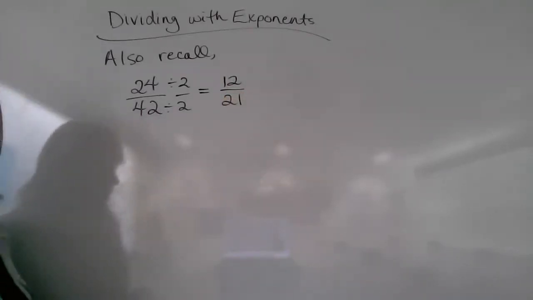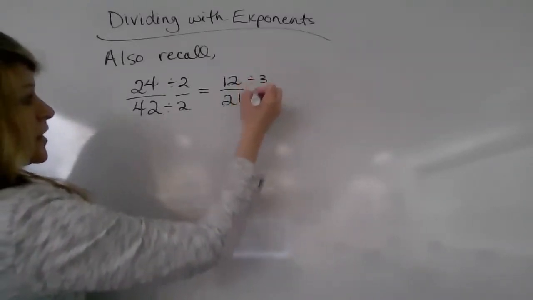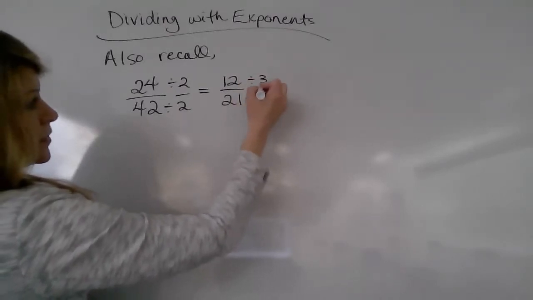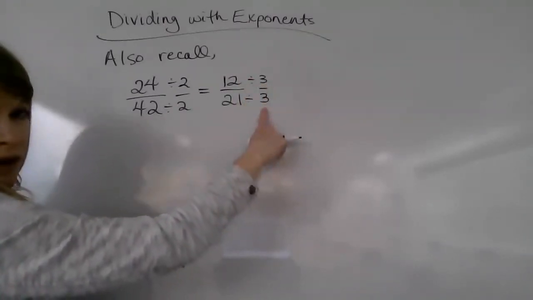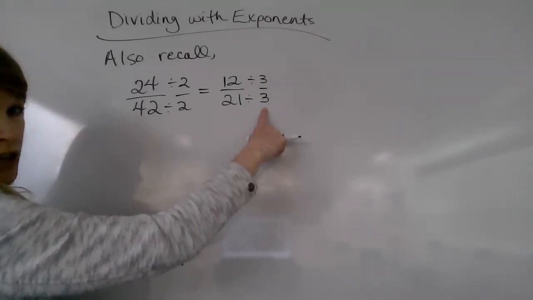You might notice 12 and 21 are both divisible by 3. So we can continue to simplify. We need to divide the numerator by 3 and the denominator by 3. We're only dividing by 1 in the form of 3 over 3. So we're not changing the value, we're just changing the form.